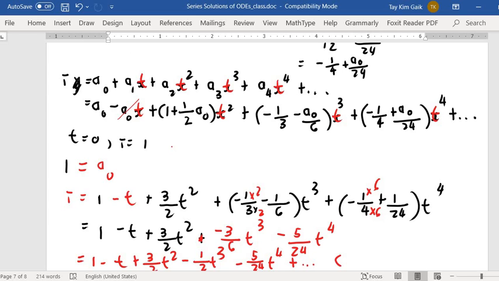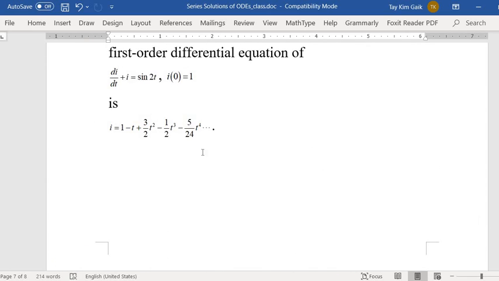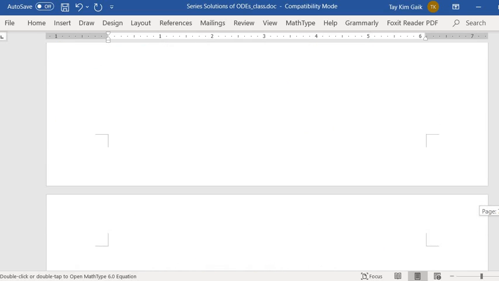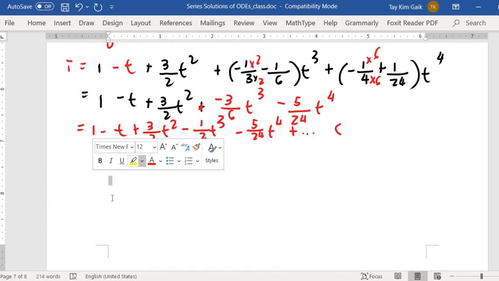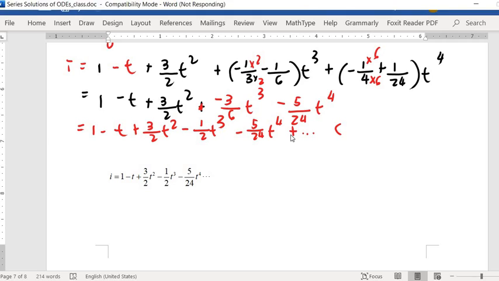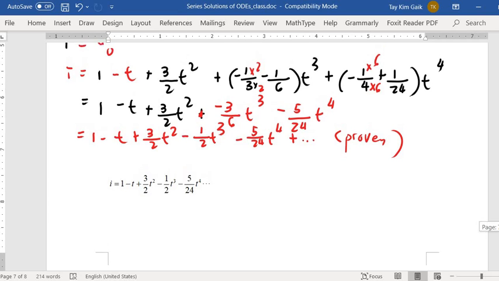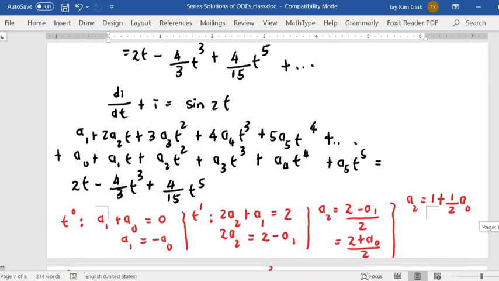Check. So it is actually equal 1 minus t plus 3 over 2 t squared minus half t cubed minus 5 over 24 t power 4. So it's proven correct.